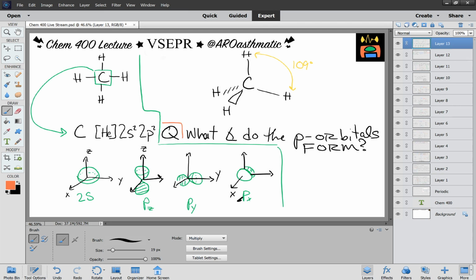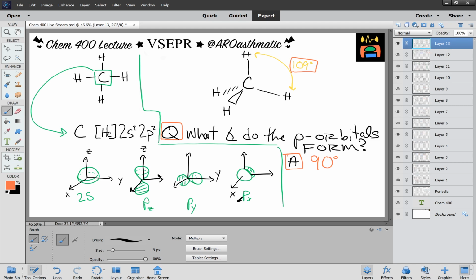Is my question. And the answer, if the p orbitals are oriented along each axis, the answer to this question is 90 degrees. My follow-up question is, what is the bond angle in methane? And that answer is 109.